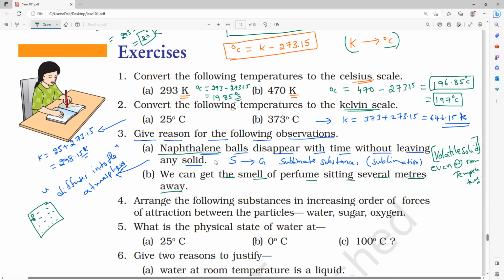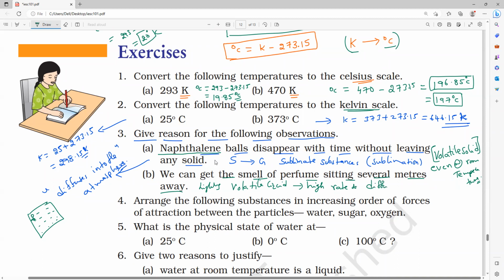So perfumes are highly volatile. A highly volatile liquid is present in that. So will it show a high rate of diffusion or a low rate of diffusion?